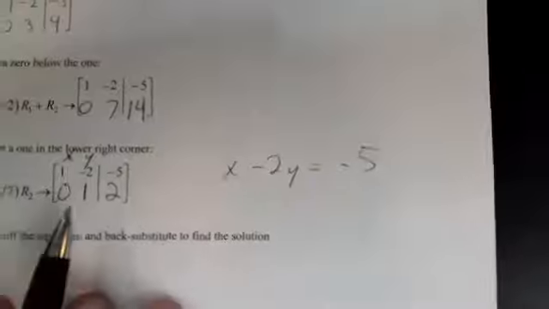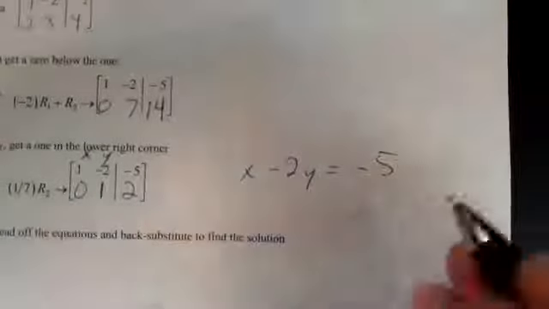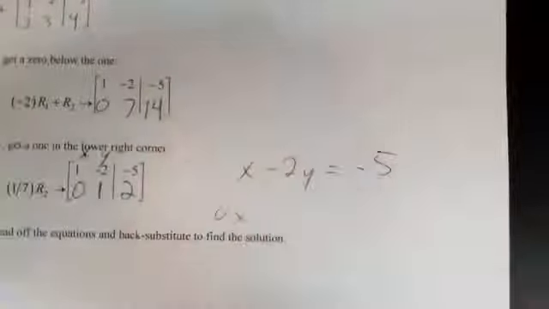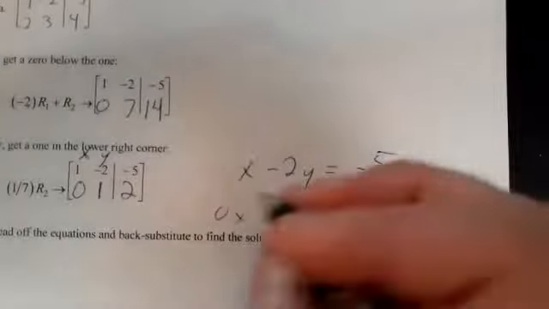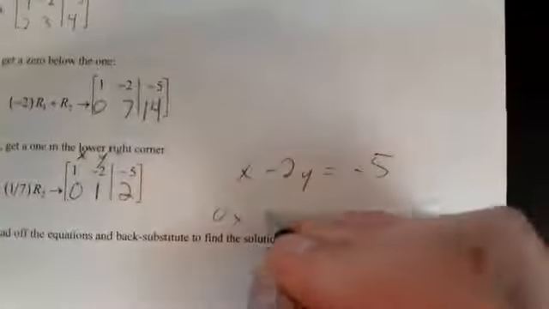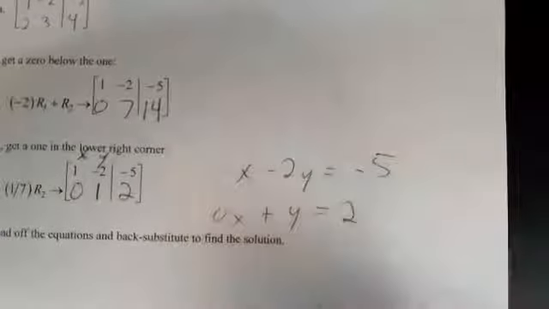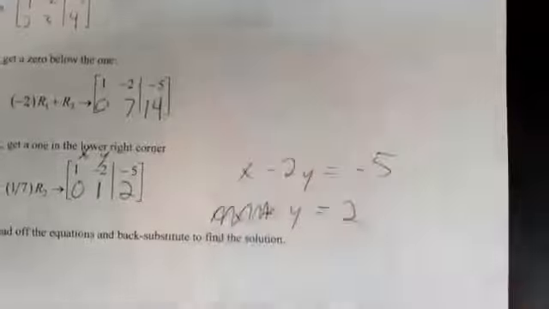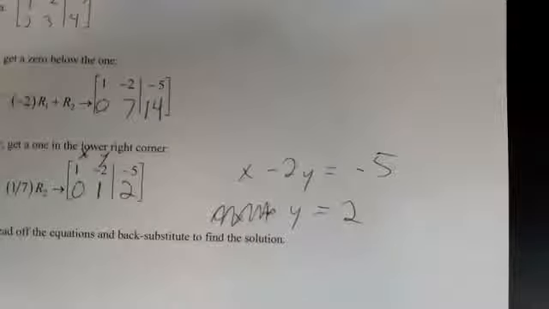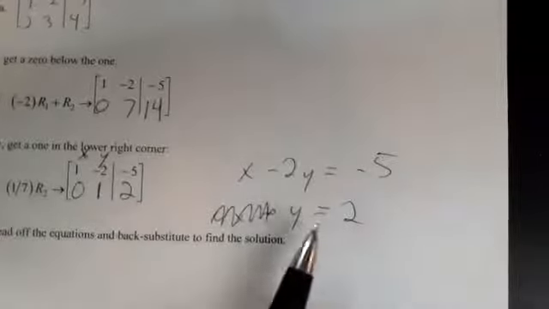This next one is telling me I have 0 x's. So you can write 0x there. If you don't want to write it, you don't have to. So 0x plus 1y. So what is this giving me? This is giving me y equals 2.